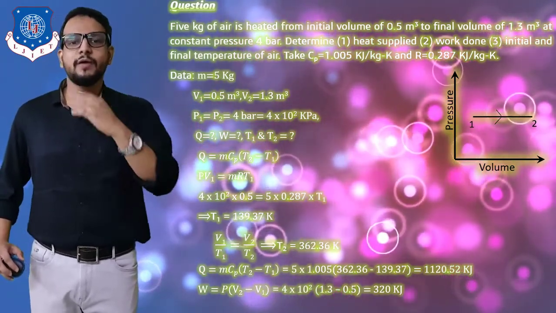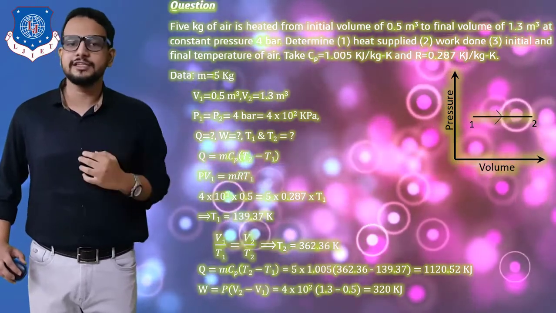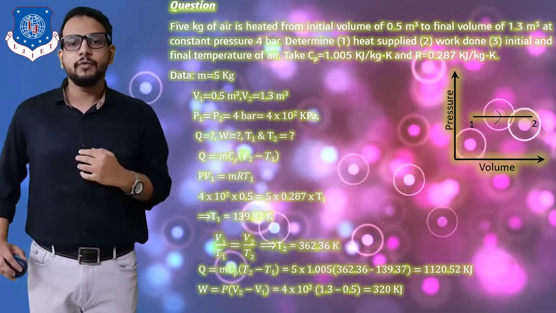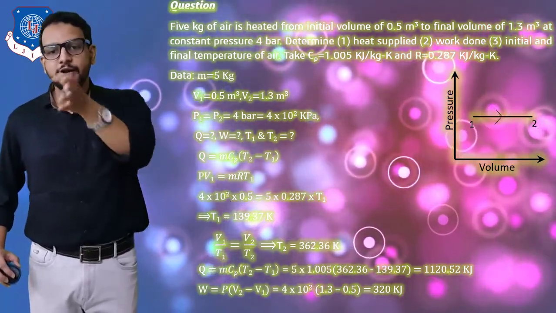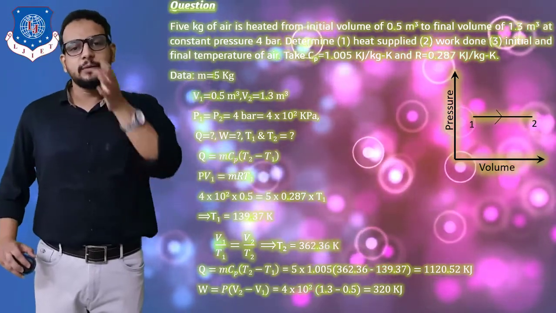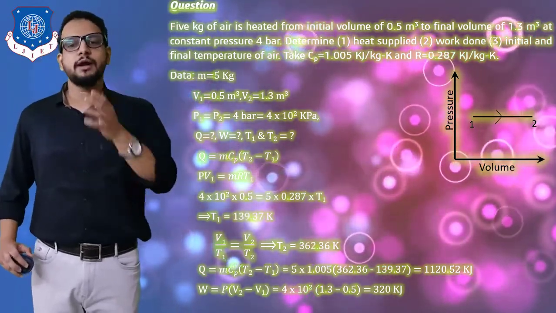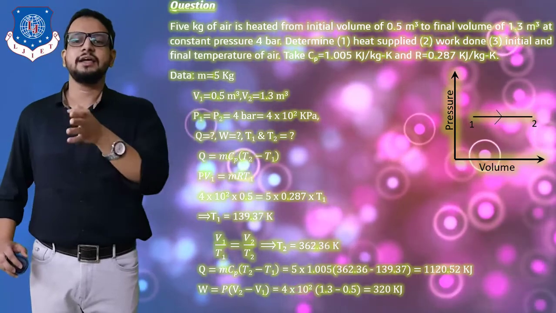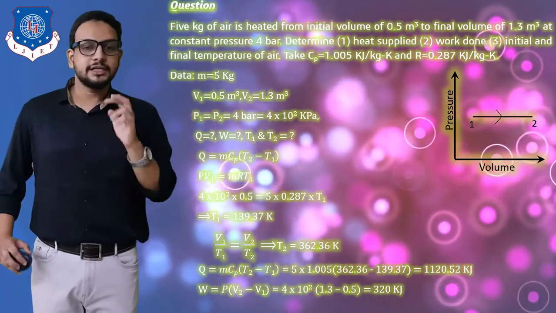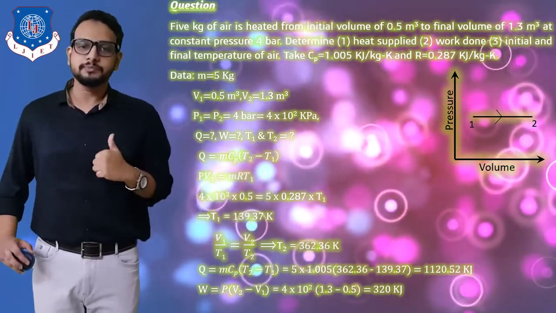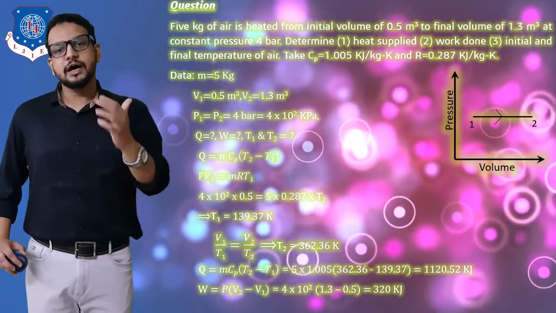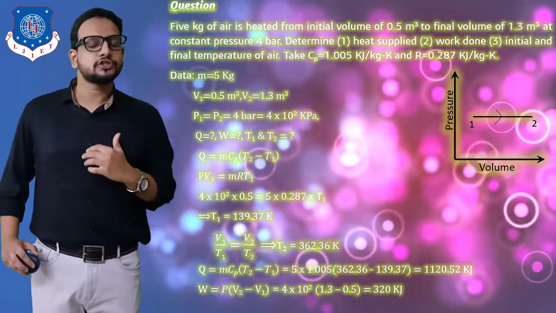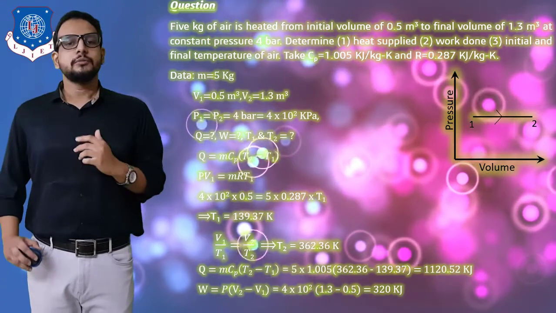We directly substitute the values and get the work done: W is equal to P (V2 minus V1), which is equal to 4 into 10 raised to 2 into (1.3 minus 0.5), which is equal to 320 kilojoule. So this is our final answer for work output. This is how we need to solve a numerical based on this topic, constant pressure process.